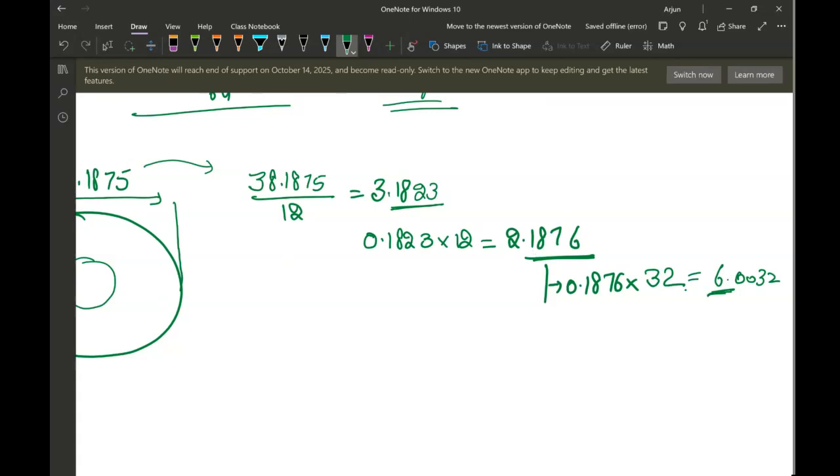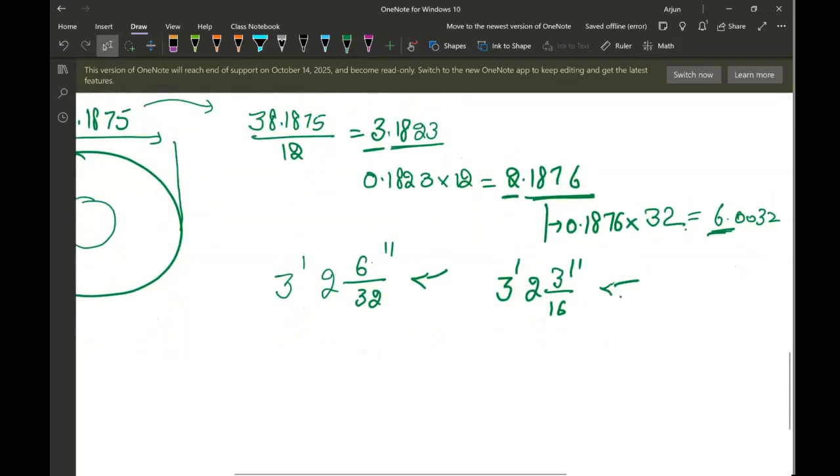So it is 3 feet, 2 and 6 over 32. That is your answer. If I reduce this 6 over 32, it will automatically reduce to 3 over 16. That will be my answer to the question. In the same way, I can reduce the second dimension also.